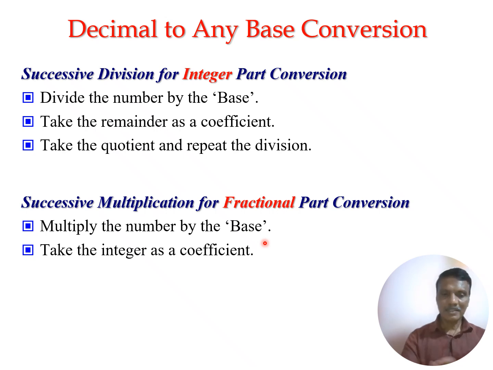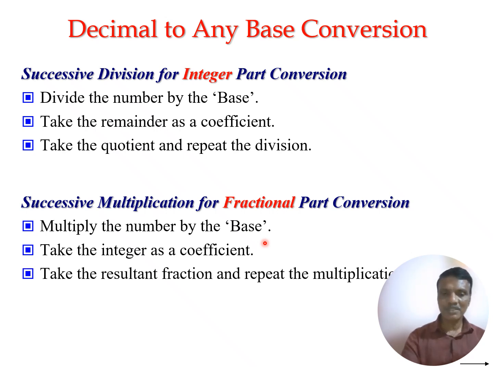Then again the fractional part that remains is multiplied with the base, and the process is repeated. The integer part we get is taken as the next coefficient, and the fractional part is again multiplied with the base, like that. We do this until 0 or till 3-4 digits.